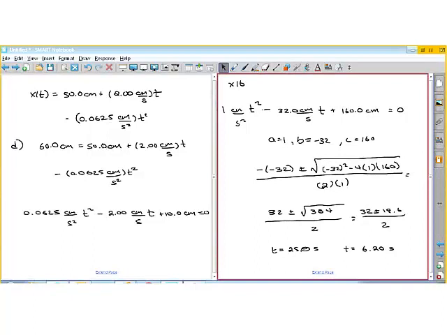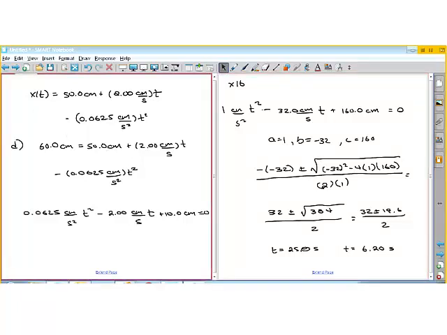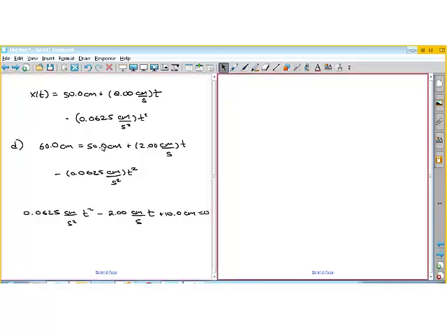Depending on how they define distance, since they've got a third answer, we also need to look at the case where this is 40 instead of 60, because it's 10 centimeters on the other side. So that'll give us our third solution. That's what they're looking for. I was wondering how they were going to define that.